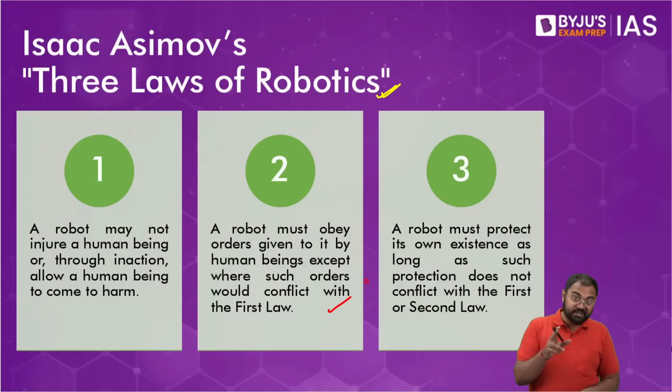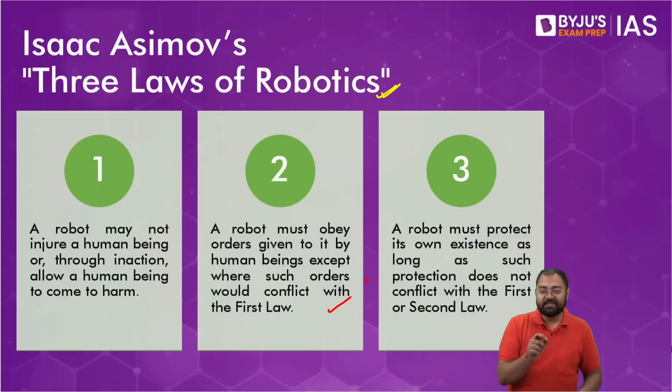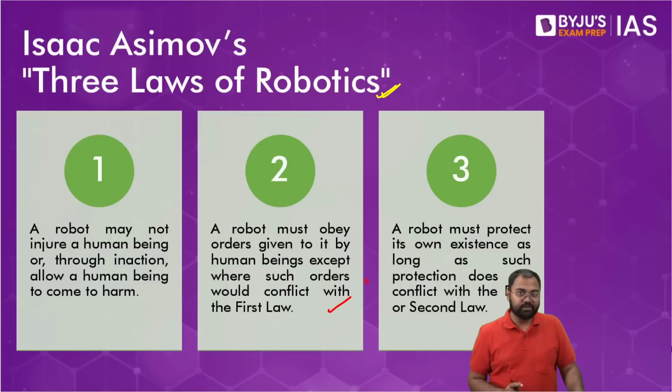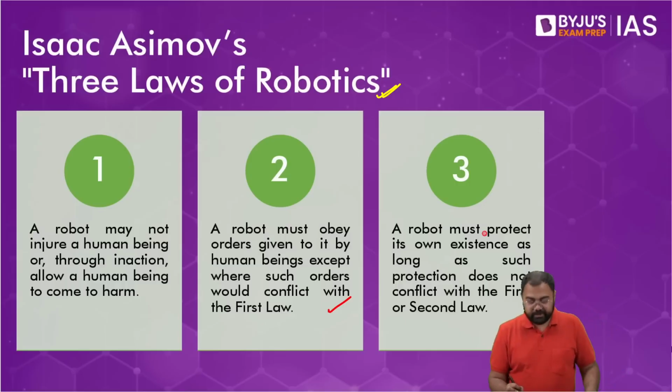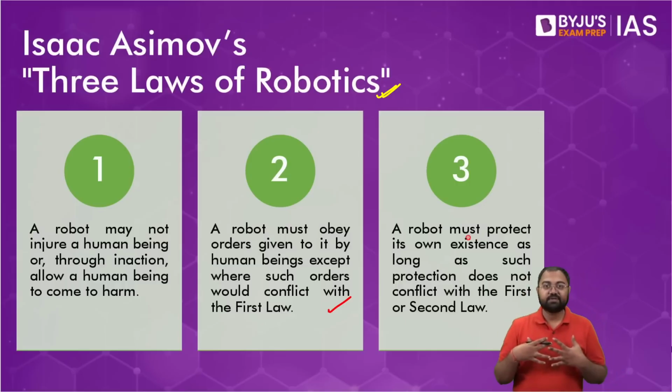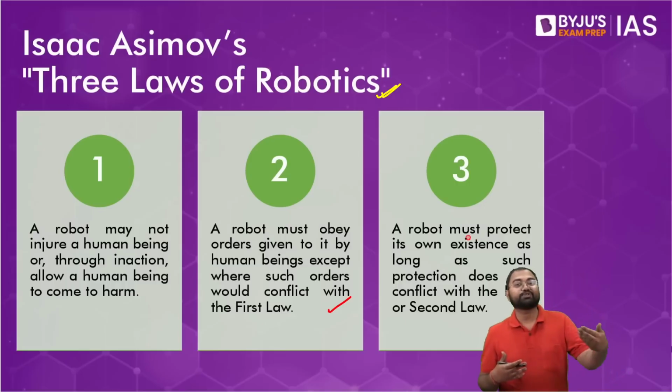But if those instructions are to attack or harm somebody else, then the robot should not obey the orders. And then the third law says that a robot must protect its own existence as long as such protection does not conflict with the first or the second law. So it should also try to preserve itself, but not at the cost of a human.